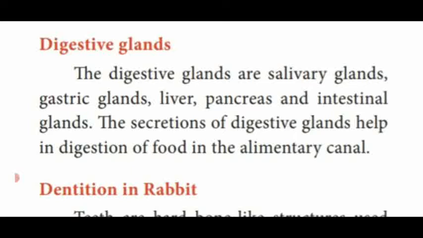These are the salivary glands present in the mouth region, gastric glands present in the stomach region, liver, pancreas and intestinal glands. The secretions of these digestive glands help the digestion of food material in the alimentary canal.